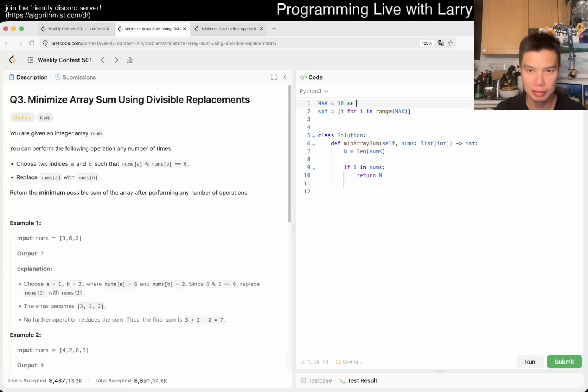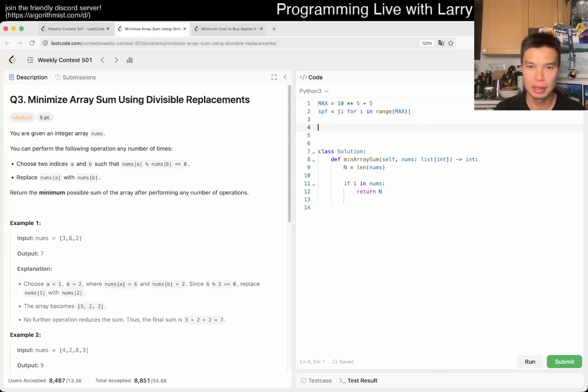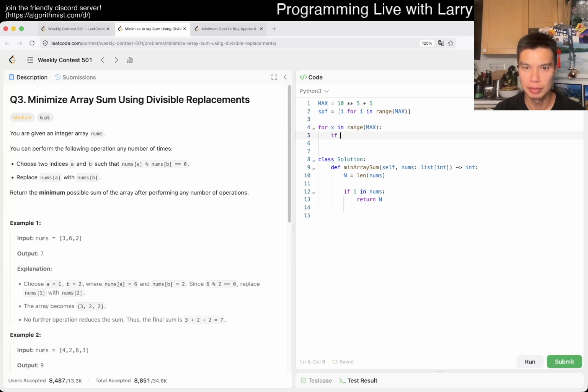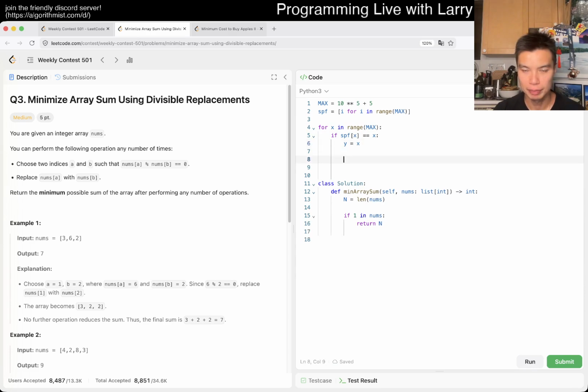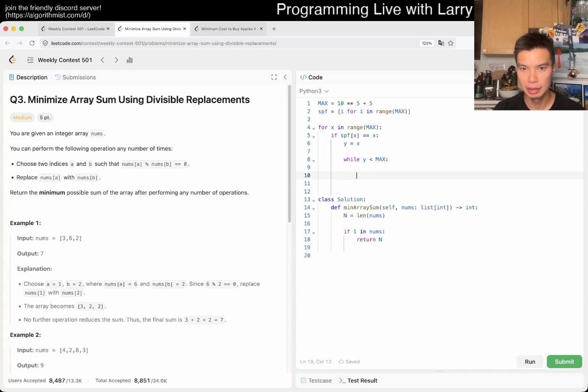And what is that? Right, and then now, I just forget how I write this, and it's fine. If x is equal to x, then y is equal to x. While y is less than max, right? If SPF of y is equal to y, then SPF of y is equal to x.